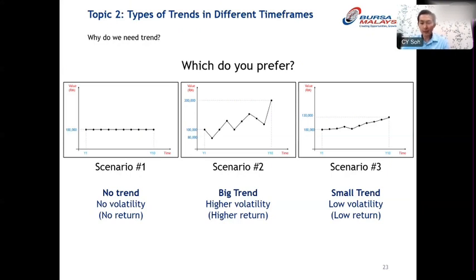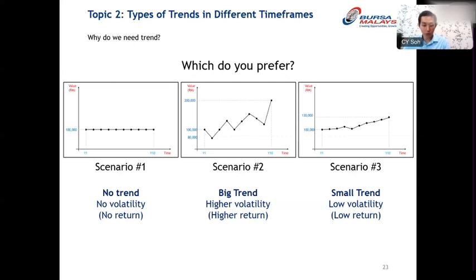Because trend, definitely it comes with volatility. Here you can see scenario 2 and scenario 3, there are trends. However, it comes with a different form of volatility. Higher volatility does not necessarily mean you make more money, correct? But higher volatility, definitely it comes with higher risk and also potentially higher return.